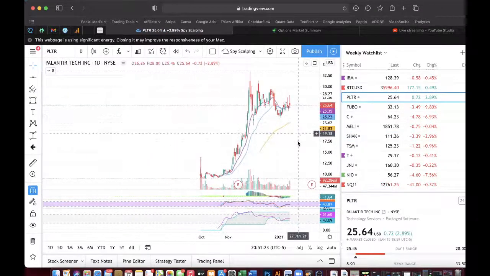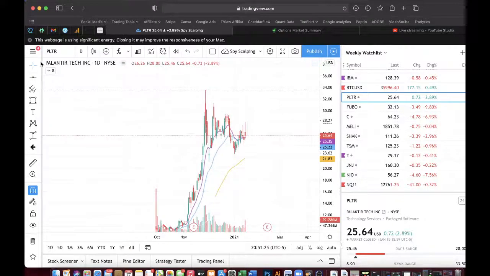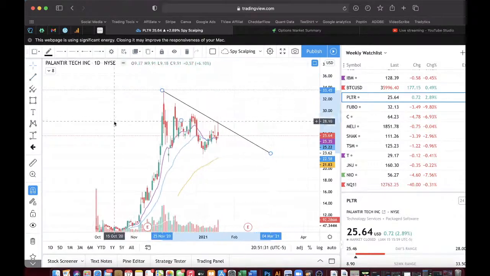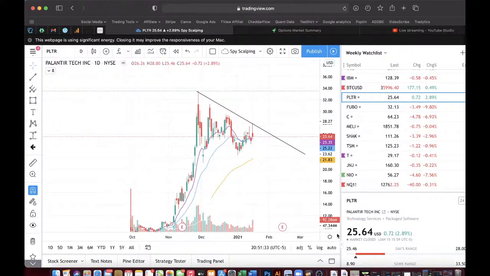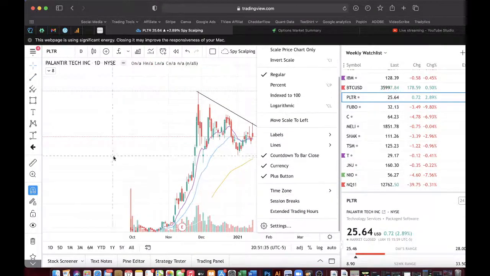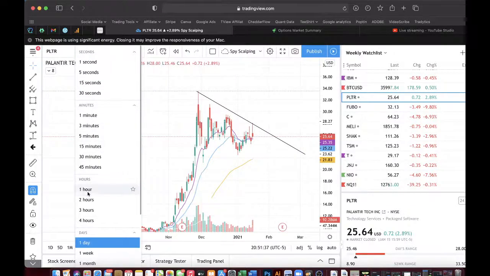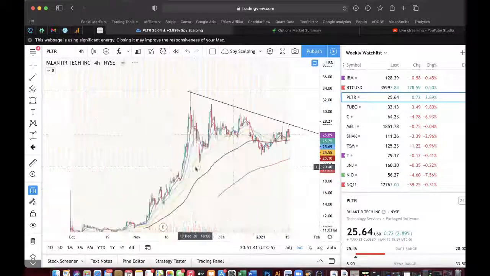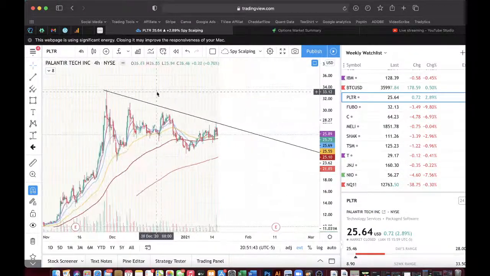All right, here he goes. Palantir. This is the play I specifically like a lot, long. If you are familiar with the software package that this company provides, it's quite insane. We'll go to the 4 hour so you guys can see what I'm talking about.